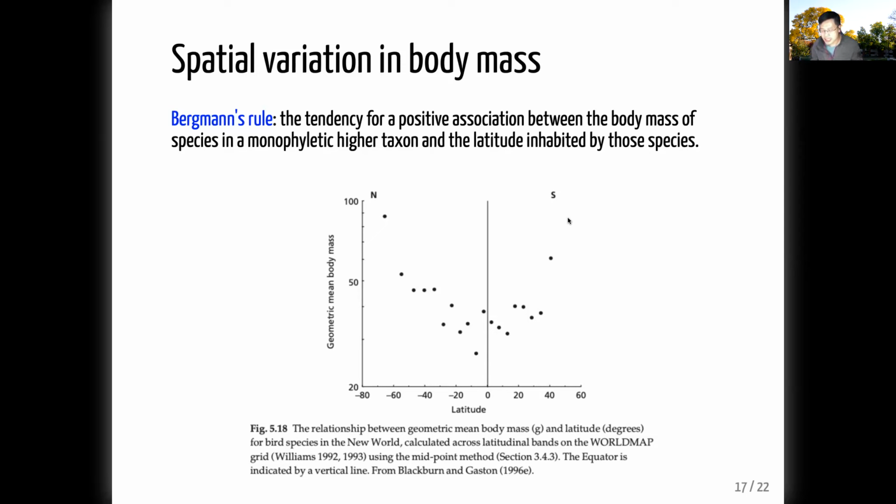On the other hand, in a warm area like the tropics, if you are smaller, then you have a higher surface area to volume ratio. That potentially allows you to improve heat dissipation and be better adapted to hot areas. So that's one very common hypothesis.